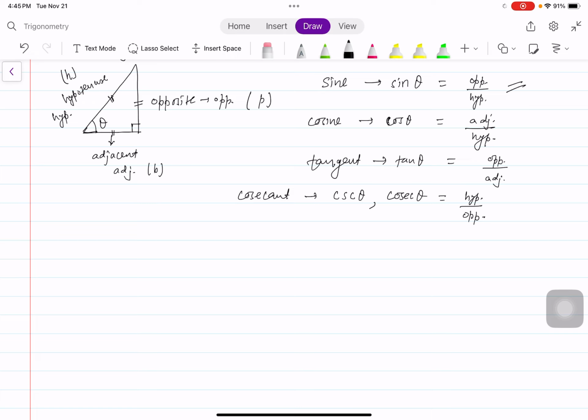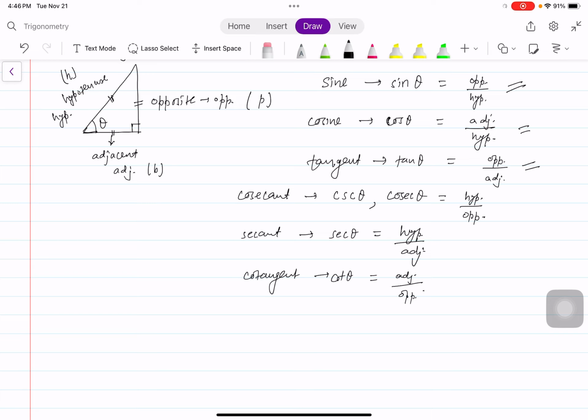The next one is secant, shorthand notation sec. This is the reciprocal of cosine, written as hypotenuse over adjacent. And the last one is cotangent, which is the reciprocal of the third one, and it's written as cot theta equals adjacent over opposite.